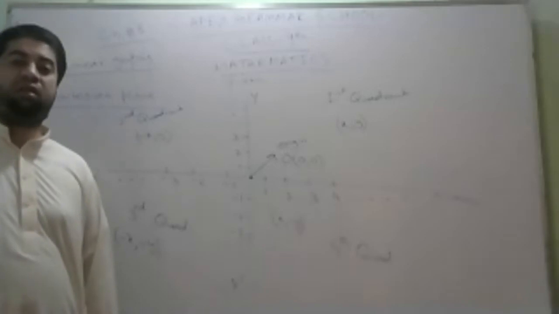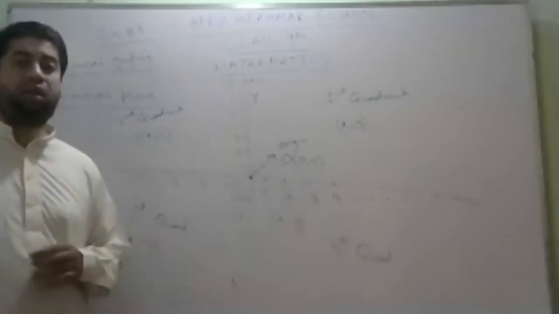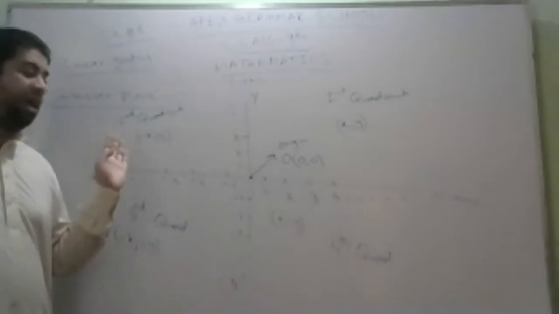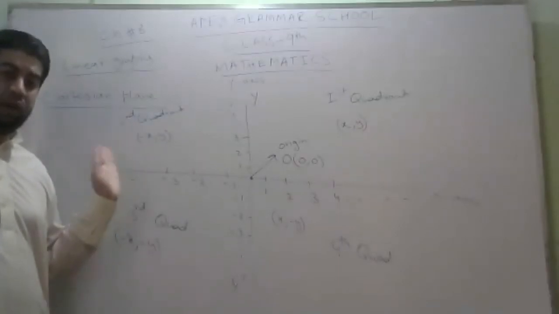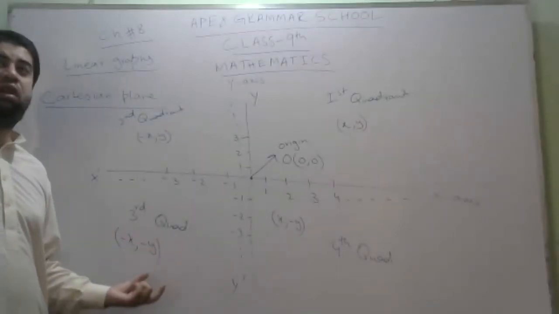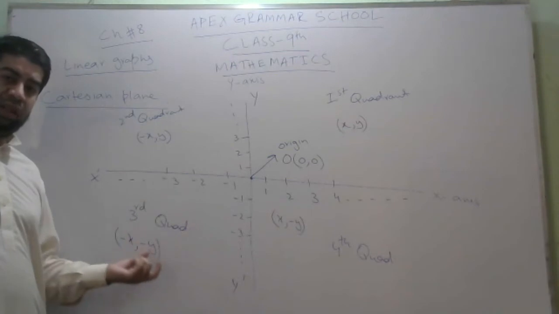Whenever both values are positive, we can draw the graph or that value within the first quadrant. Whenever x is negative but y is positive, we will draw it within the second quadrant. Whenever both values are negative, we can draw it within the third quadrant.